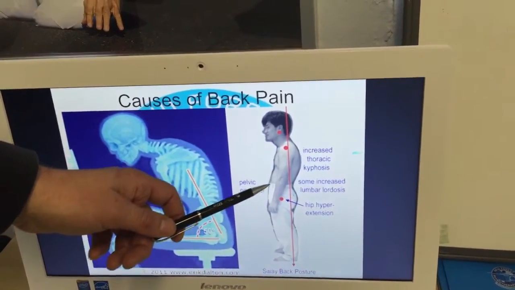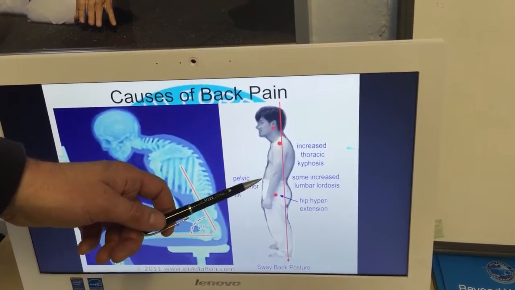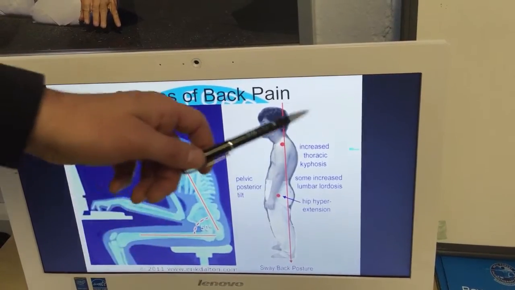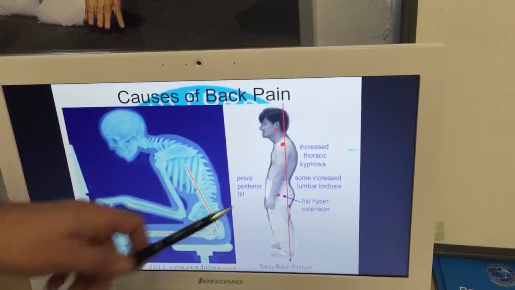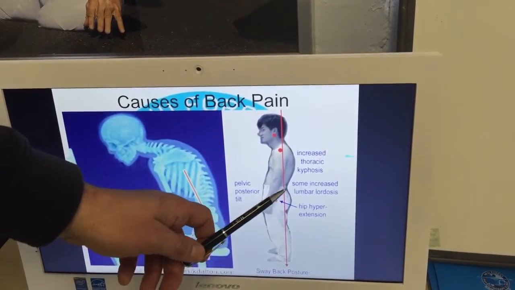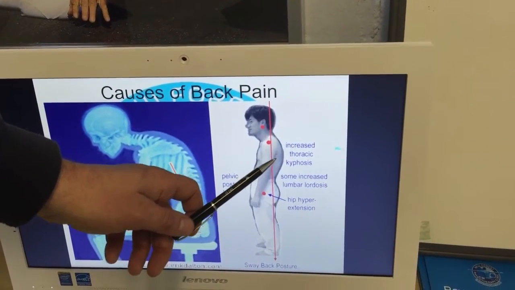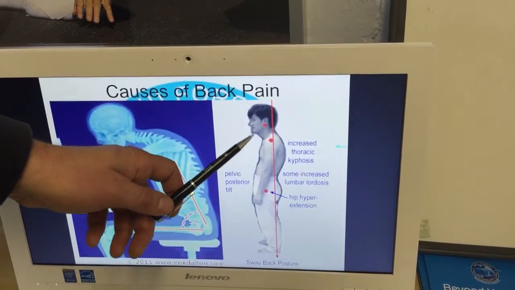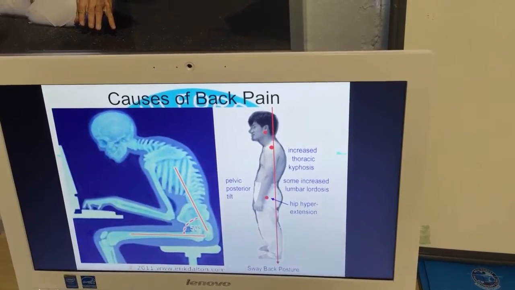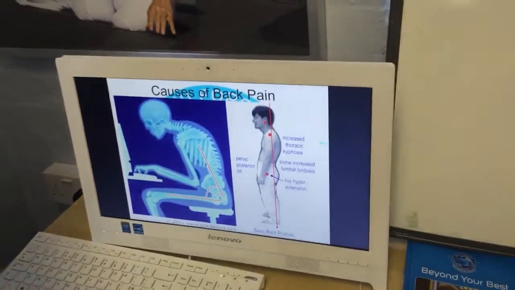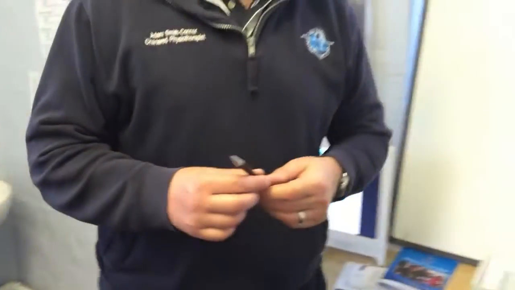So his stomach muscles here aren't holding his spine up, his core muscles aren't holding him upright, resulting in compensation throughout the whole system. So his pelvis tips forwards, that increases the lumbar lordosis with the increased thoracic kyphosis, and you have to have more chin protrusion as a result of that. And, sorry, you just step back again.